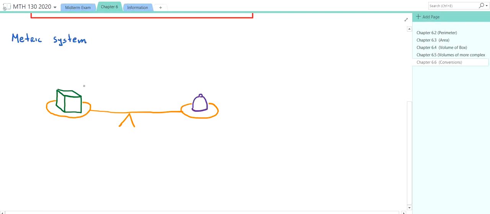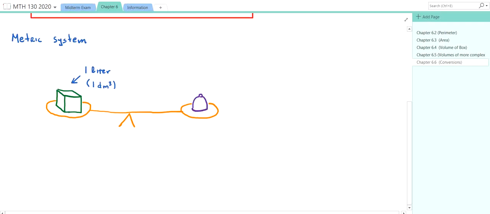For example, if I have a cube here and I fill it with water, that's going to be 1 liter of water, and 1 liter is the same thing as 1 cubic decimeter. So we have something associated with volume, and we tie it into our lengths here.